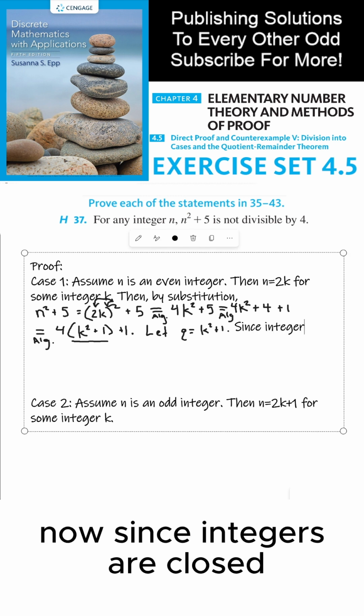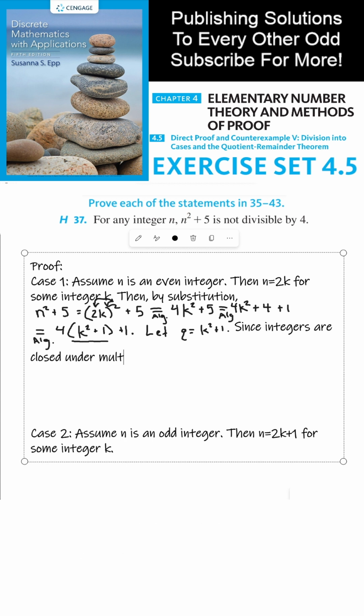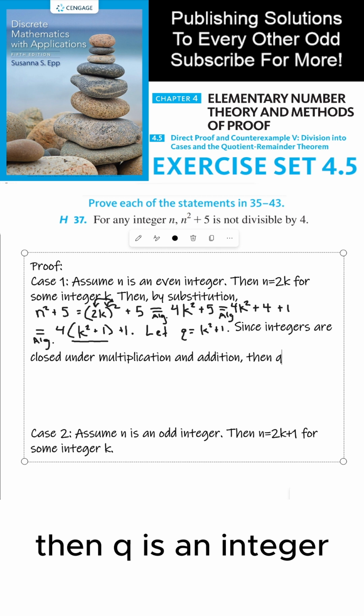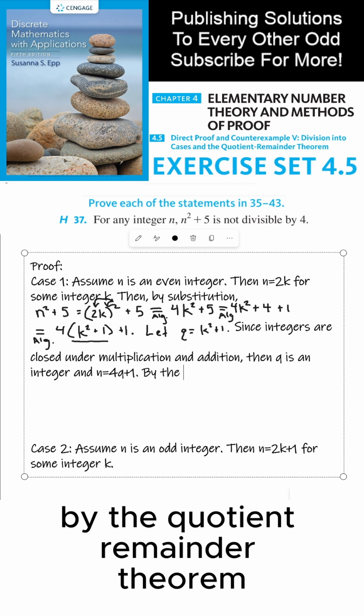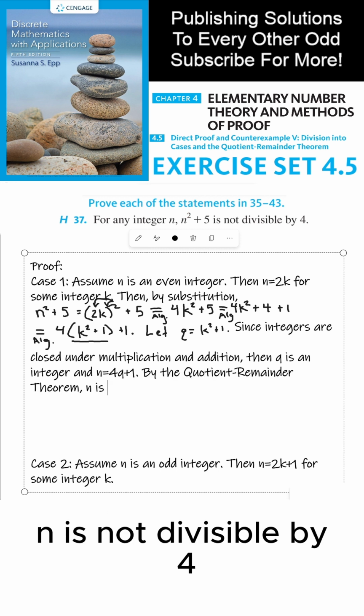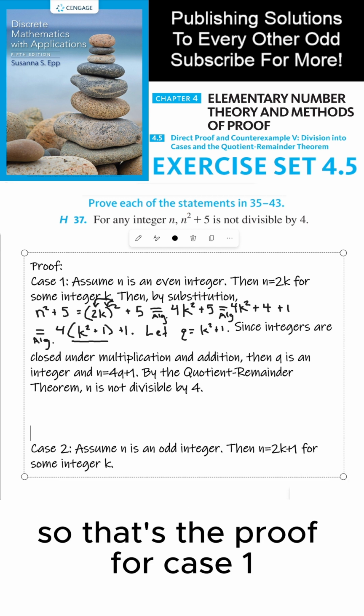Now, since integers are closed under multiplication and addition, q is an integer, and n squared plus 5 equals 4 times q plus 1. By the quotient remainder theorem, n squared plus 5 is not divisible by 4. So that's the proof for case 1.